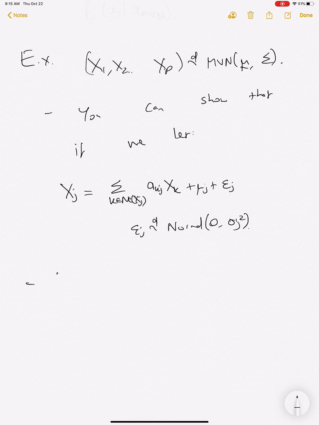And then you define this for j equals 1, 2 up to p.